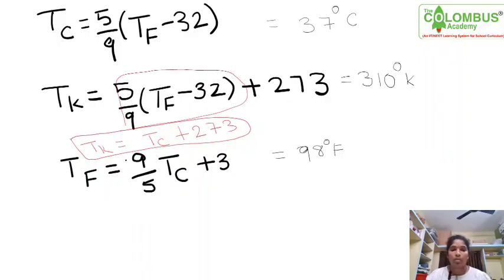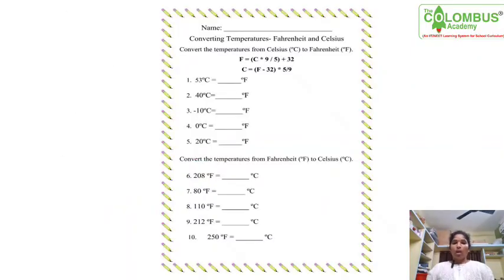Temperature in Kelvin is equal to temperature in Celsius plus 273. Directly you can add 273 so that you will get the temperature in Kelvin. So now we have given the relations, try to convert 53 degrees Celsius into Fahrenheit.